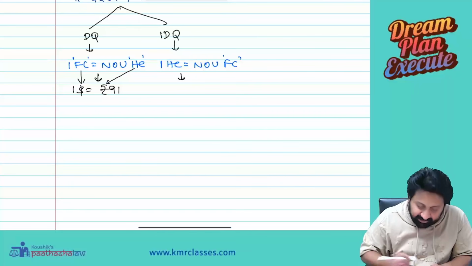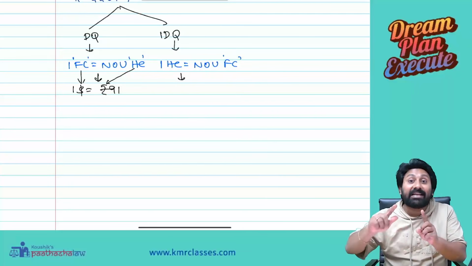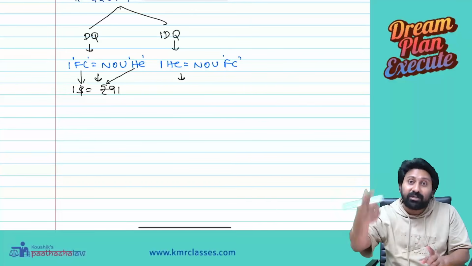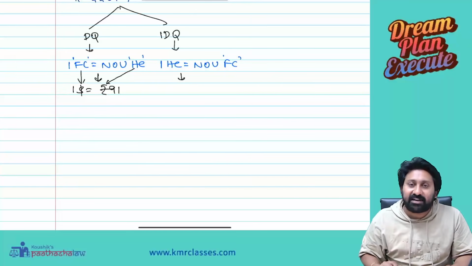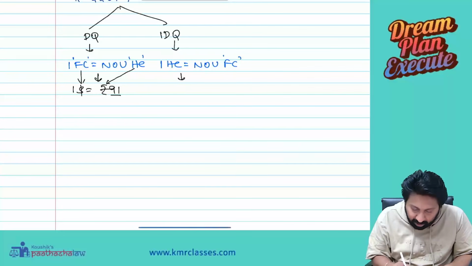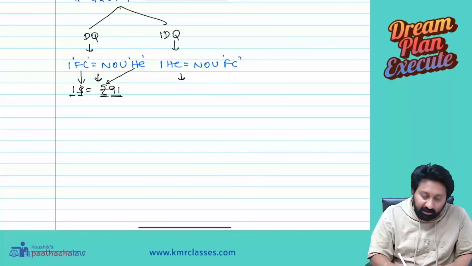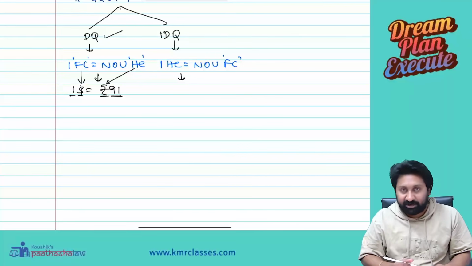Rupee is the home currency. 91 rupees means what? 1 rupee 91 times. The unit of measurement of currency in India is rupee. Number of units, 91 units. So, number of units of home currency for 1 unit of foreign currency, we call this a direct quotation.